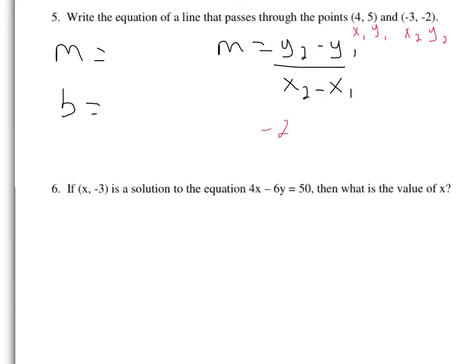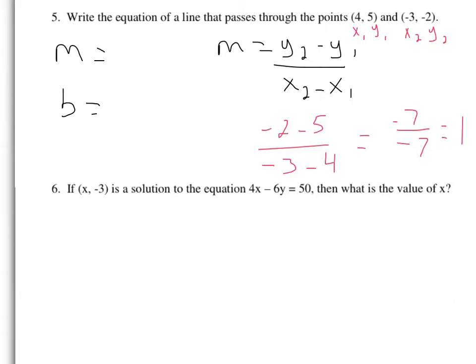It's negative 2 minus the value of y1, 5, divided by the value of x2, negative 3, minus the value of x1, 4. Negative 2 minus 5 is negative 7. And negative 3 minus 4 is negative 7. Negative 7 divided by negative 7 is 1.